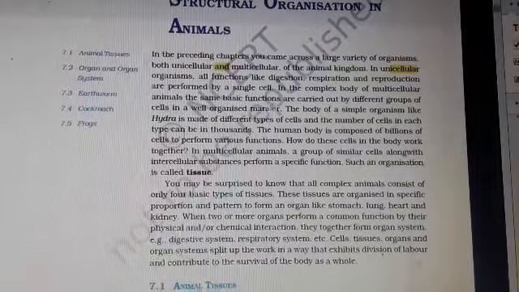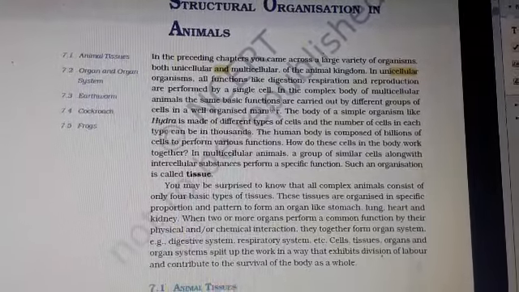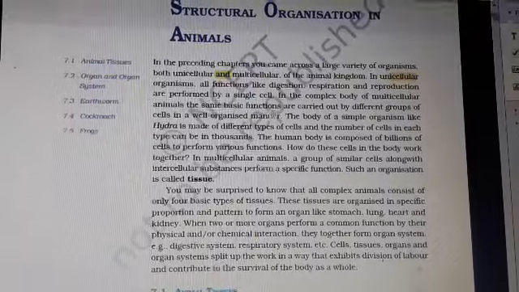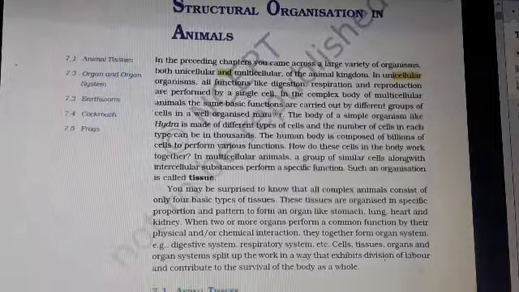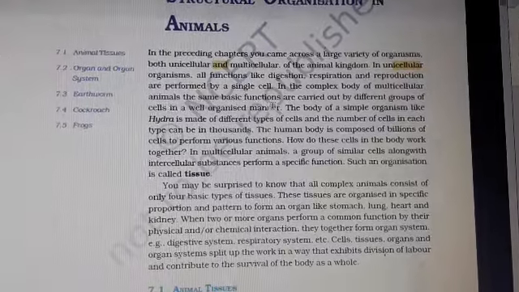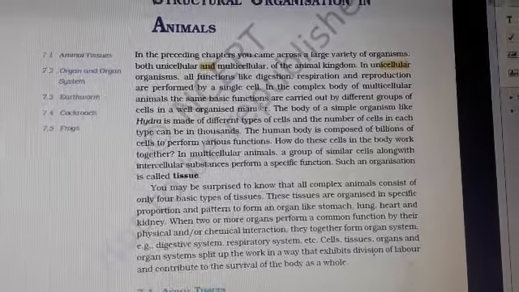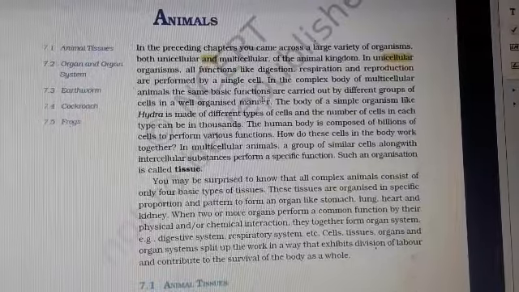We can take the example of humans: cells multiply to form a tissue, and tissues together form an organ, say a kidney, a heart or a lung. They are all organs formed by groups of tissues.